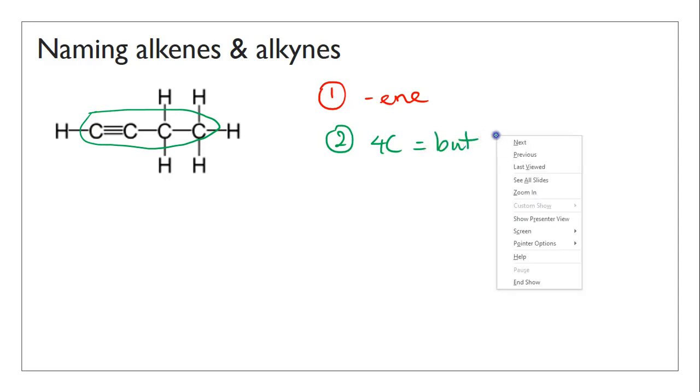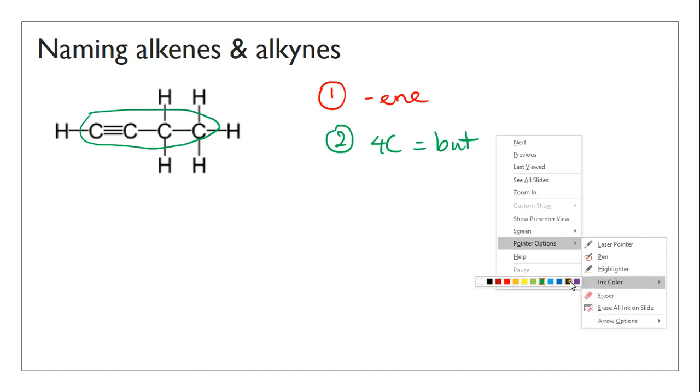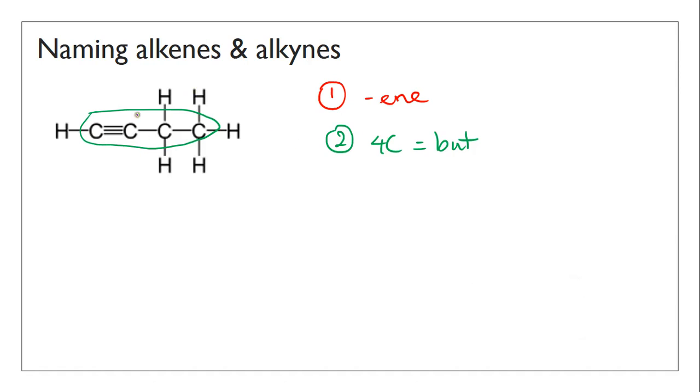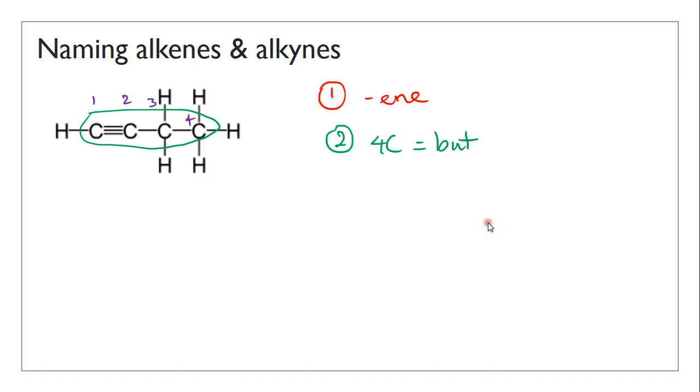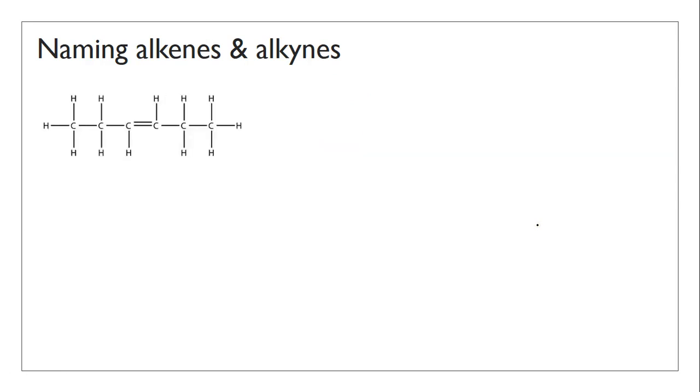There is no branching, so I don't have to worry about step 3, but I do have to number the carbon chain because there is more than one possible location that the double bond can be. So 1, 2, 3, 4, and then I can name it, which is step 5, actually putting the name together. So but-1-ene. Just put the smaller of the 2 numbers when you indicate the position.